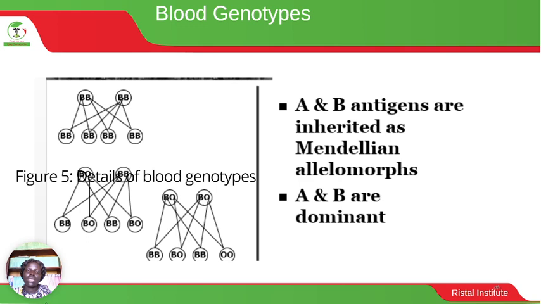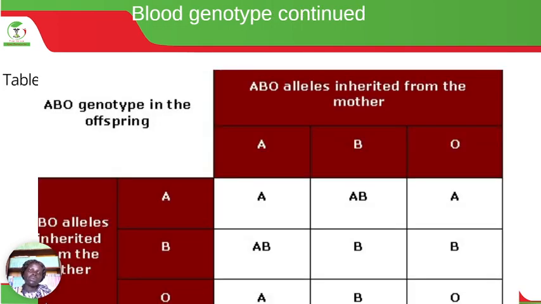That is why, if one parent has blood group O and the other has blood group B, and they produce a child, the child will have genotype BO, but the child will have blood type B. Why? Because the A and B antigens are dominant. So we continue with that.